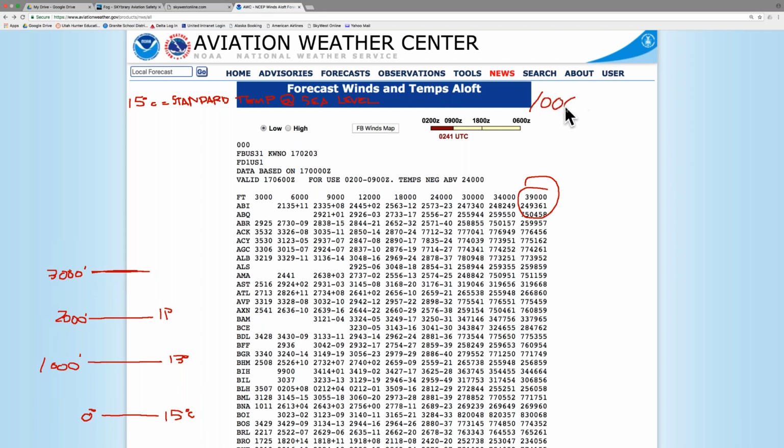If you're starting at high elevation and then going down, it increases in temperature. For every 1,000 feet, it equals 2 degrees Celsius, whether you're going up or down. If you're going up in altitude, you're going to be subtracting. If you're coming down in altitude, you're going to be getting warmer.